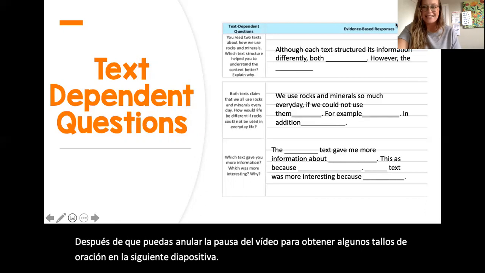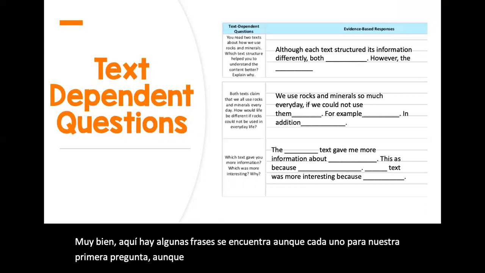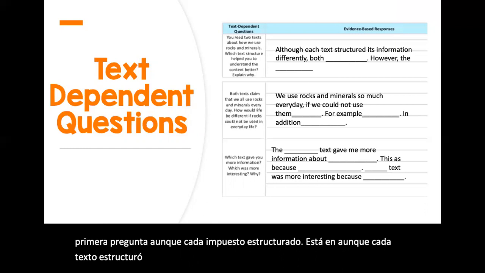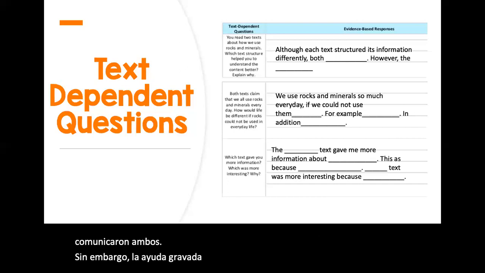All right, here are some sentence stems. For our first question: although each text structured its information differently, how did they both communicate the information in a similar way, or what information did they both communicate? However, the blank text helped me understand the content better and why.